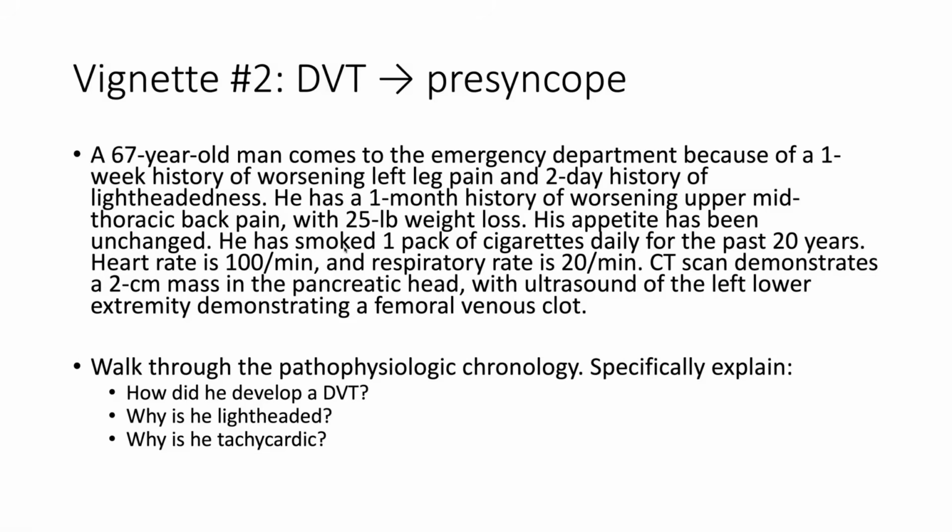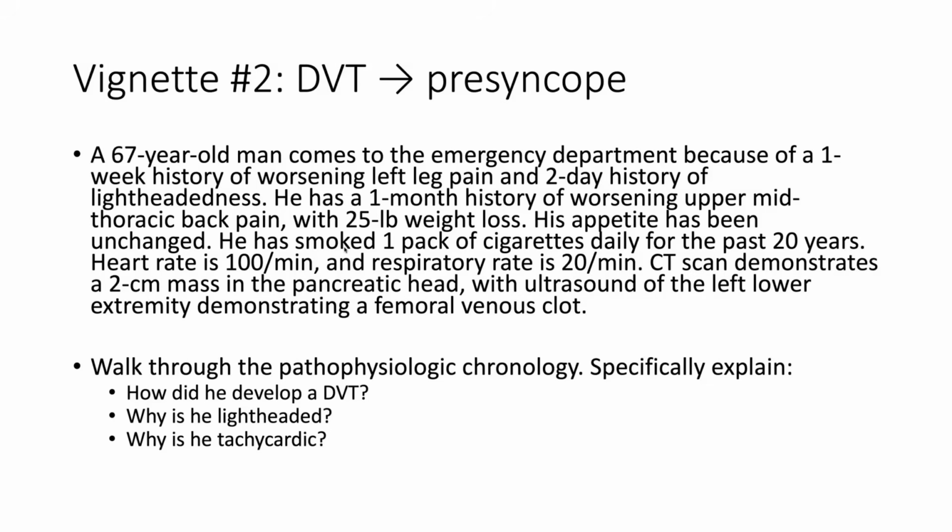The pathophysiology chronology will be such that this 67-year-old has been smoking for the last 20 years, and that's a risk factor for pancreatic cancer. Both of those are risk factors that make up Virchow's triad. There is endothelial damage and hypercoagulability, which results in DVT.